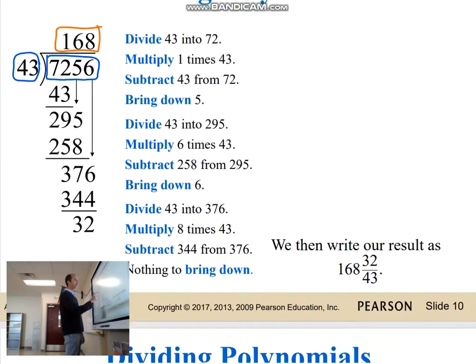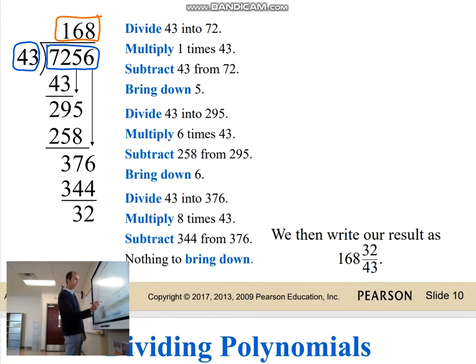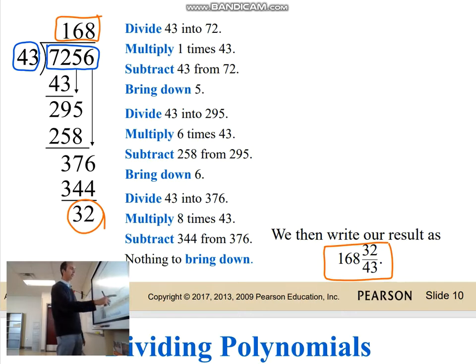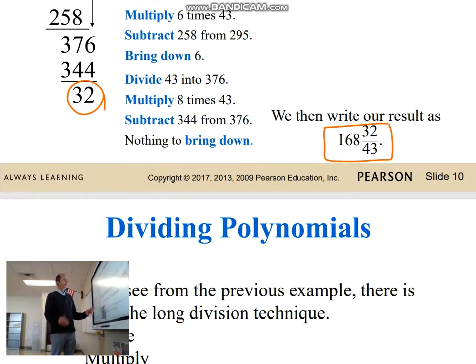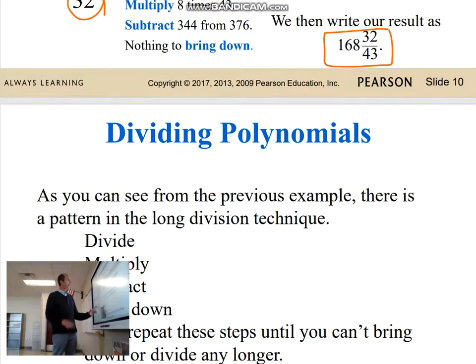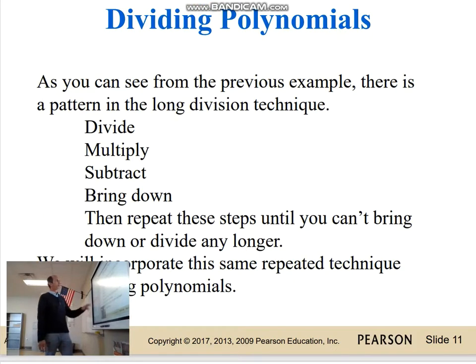This is the result of the division, and this is the remainder. At the end, you can calculate the final answer, which is going to be the result of 168 plus 32, the remainder, divided by 43. We will use this long division in the same way on polynomials.